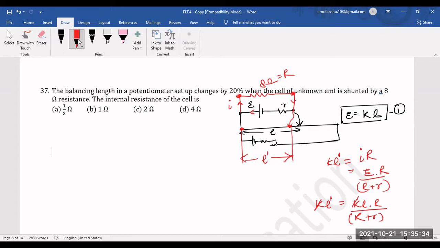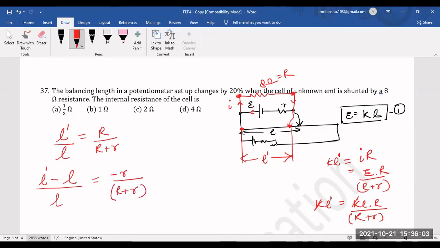From here we get L dash by L as R upon R plus R, and L dash minus L upon L, I'm just subtracting one from here, gives me minus of R upon R plus R. Now L dash minus L itself is a negative number.